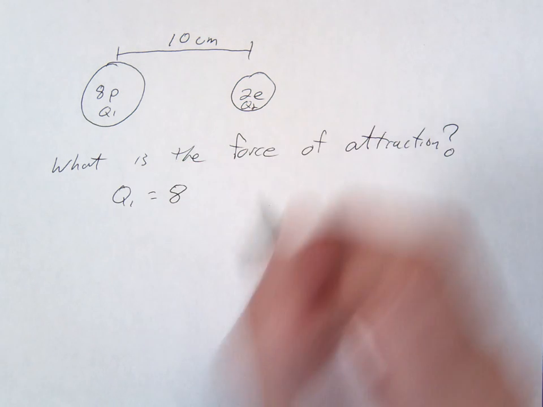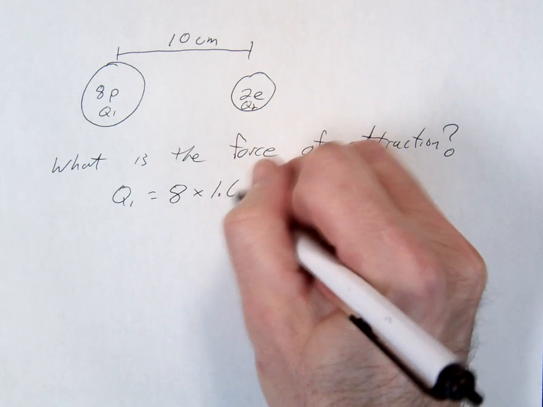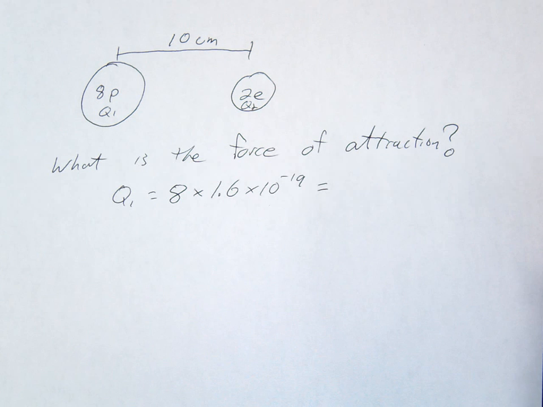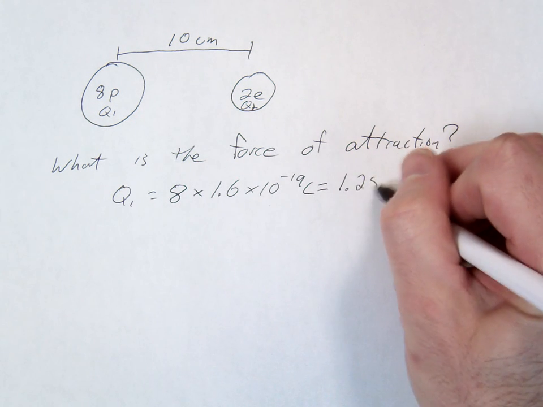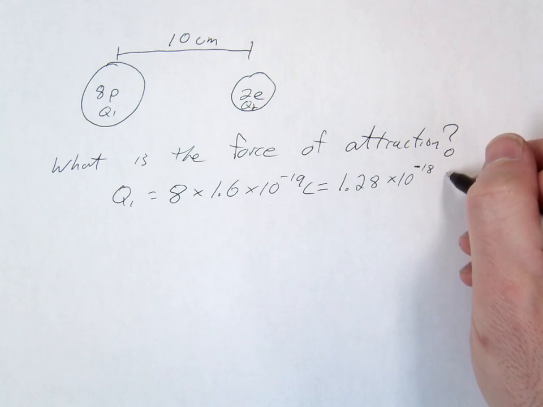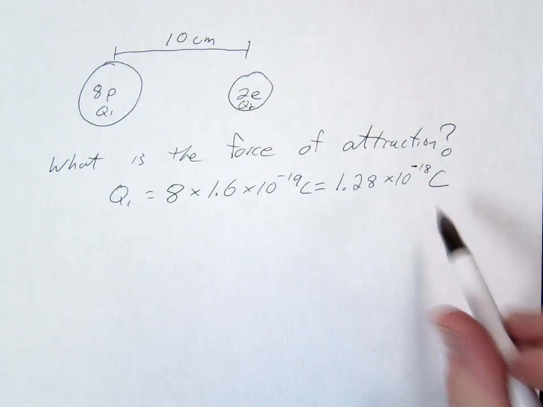So there's 8 extra protons, so we're going to multiply 8 times the charge on 1 proton, which is 1.6 times 10 to the negative 19. And that'll give us the charge over there. 1.28 e to the negative 18. So the units here are coulombs.